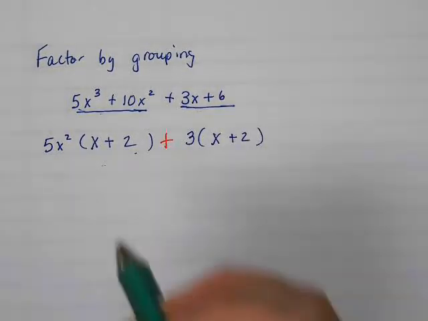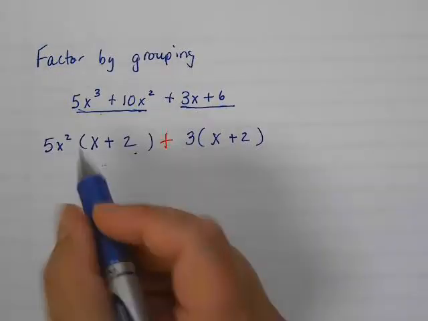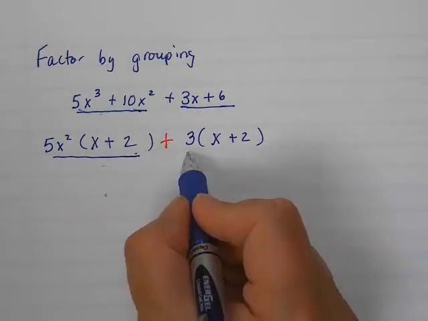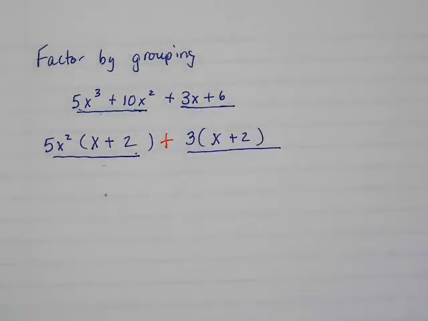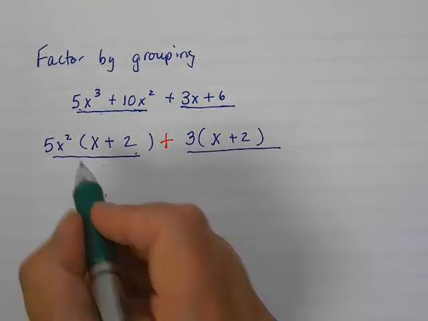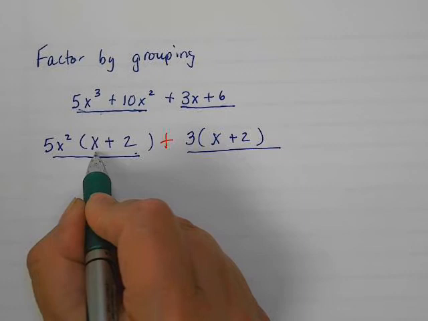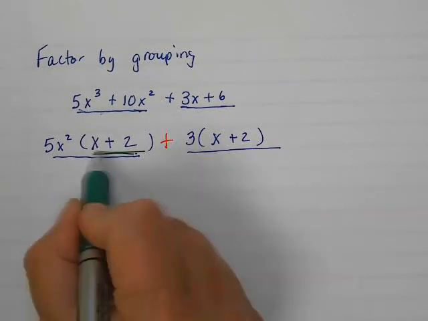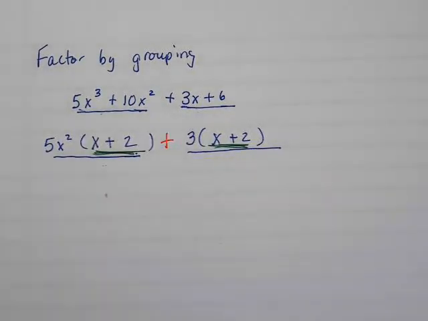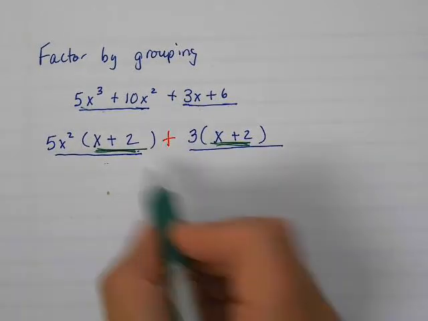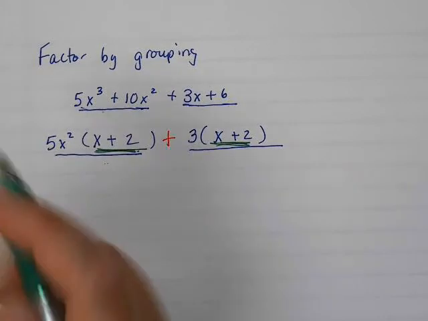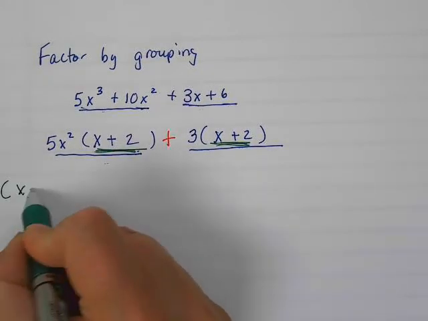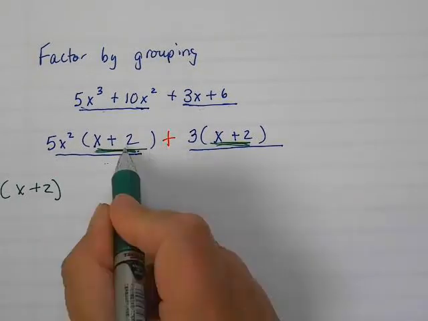Now I'm down to 2 terms. I have a term here and a term here. With those 2 terms, I'm going to find a GCF again because, look, I have a GCF out of both of those terms. So I'm going to do the reverse distributive property. I'm going to bring this x plus 2 out to the front. So I brought this x plus 2 out.